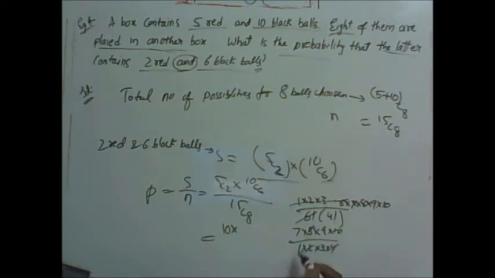So 4 2s are 8, 3 3s are 9, which is equal to 7 3s are 21, 210. So 210 into 10 divided by 15C8.